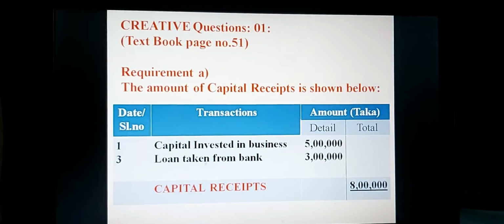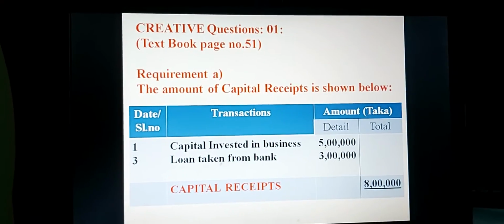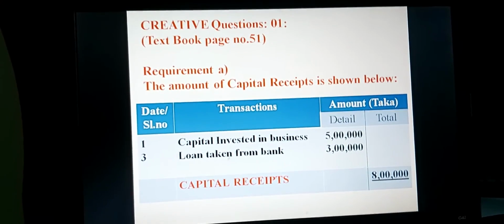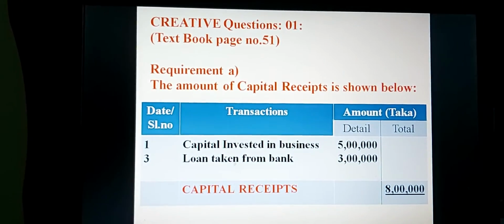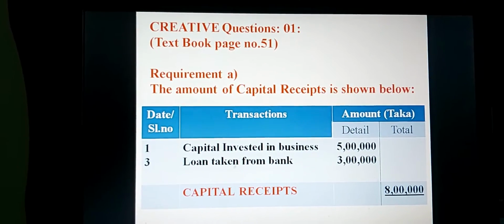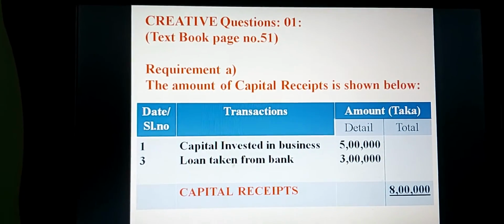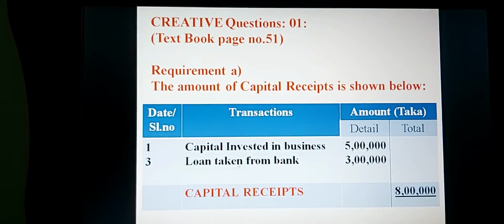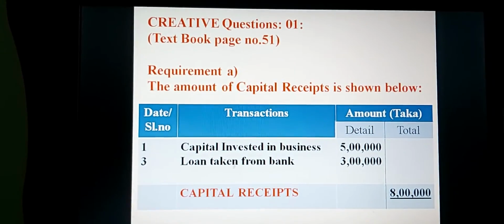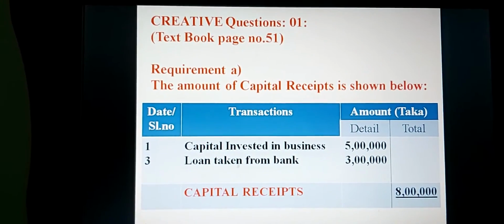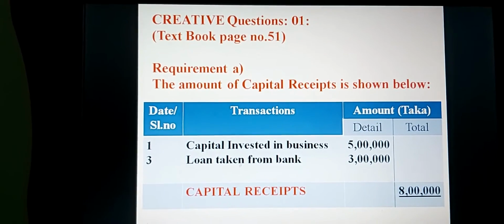Now you can write in your copy in this way for solving requirement A. The amount of capital receipts is shown below. The following statements are available for capital receipt calculation: date or serial number, transactions, amount taka detail, amount taka total.